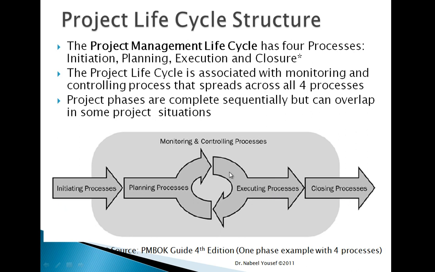During the execution, if I need any change, I have to replan and then execute again. And the monitoring and controlling process, like we said, spreads across all 4 processes. The outcome from this project or this phase can be an input for another phase, and so on.